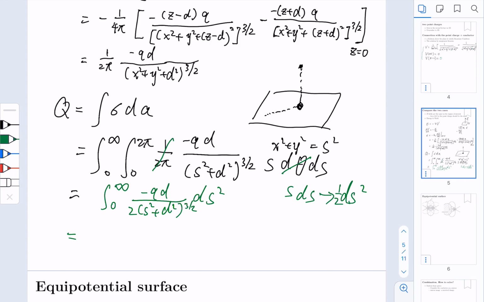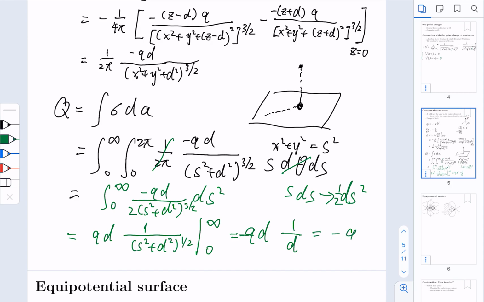and that is, now at s equals infinity, this value is 0, and at s equals 0, this is simply qd times 1 over d squared to the power of 1/2, which is negative q.